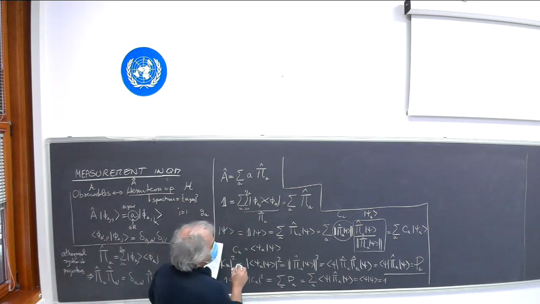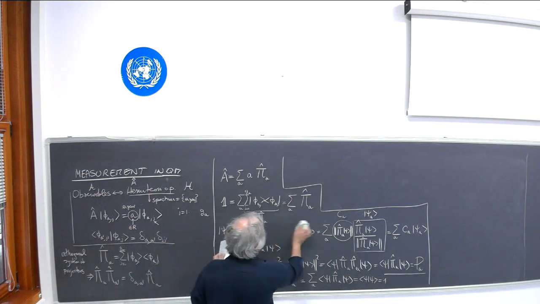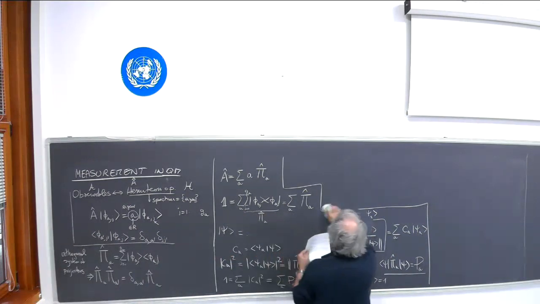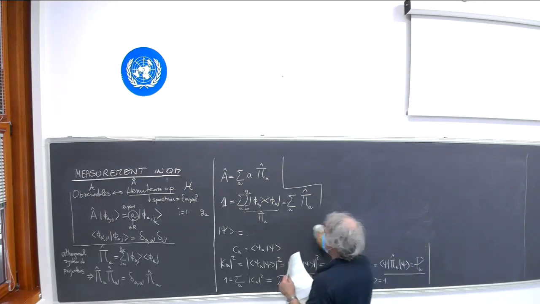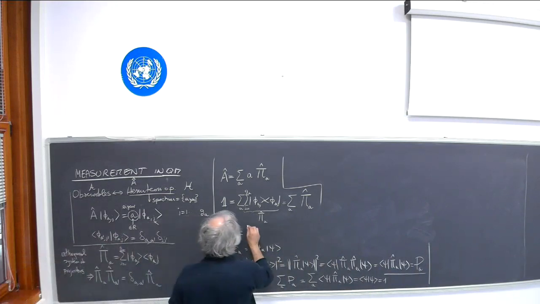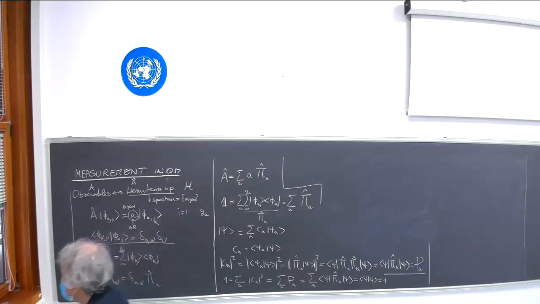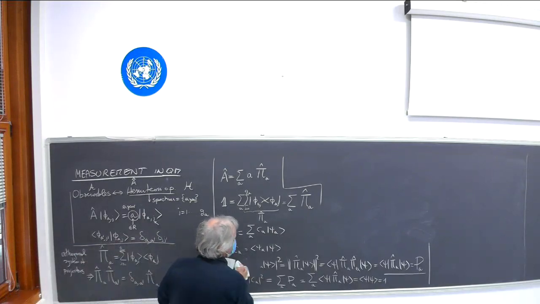Let me just abbreviate the story so far. I will write the sum over A of C_A psi_A. And I will erase some of the things.